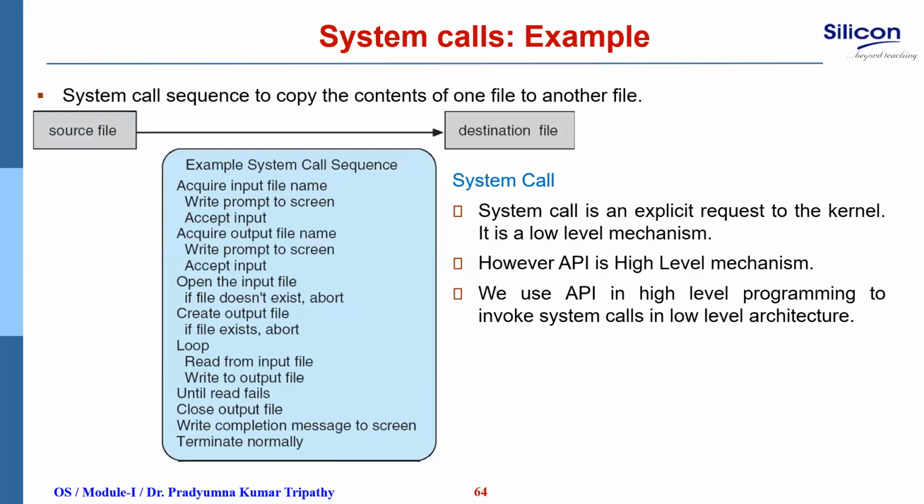See over here, the API is high level, the system call is a low level mechanism. Is it understood?